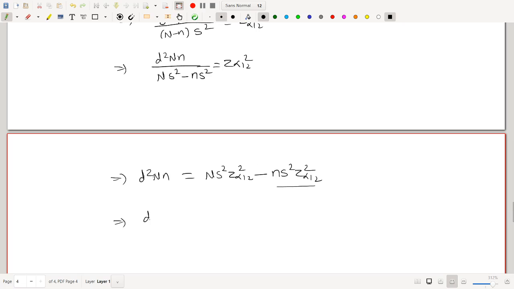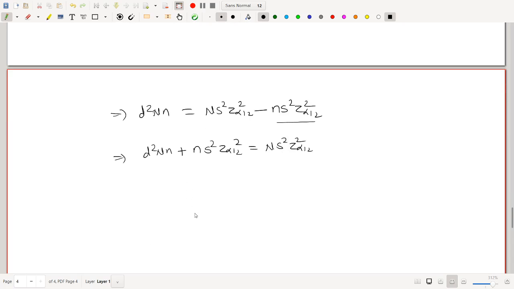So this will be d square n plus small n S square z alpha by 2 square, which is equal to N S square z alpha by 2 square. Now from these two quantities we can take small n common. So take small n common, this will be n times (d square plus S square z alpha by 2 square) is equal to N S square z alpha by 2 square.